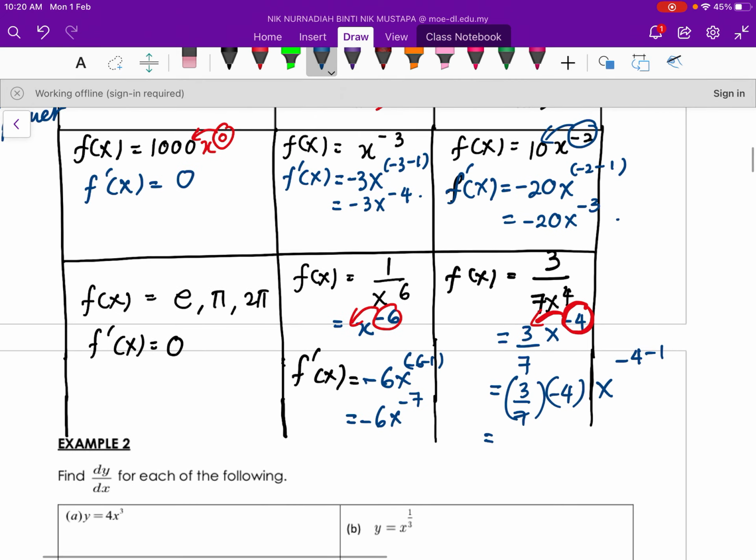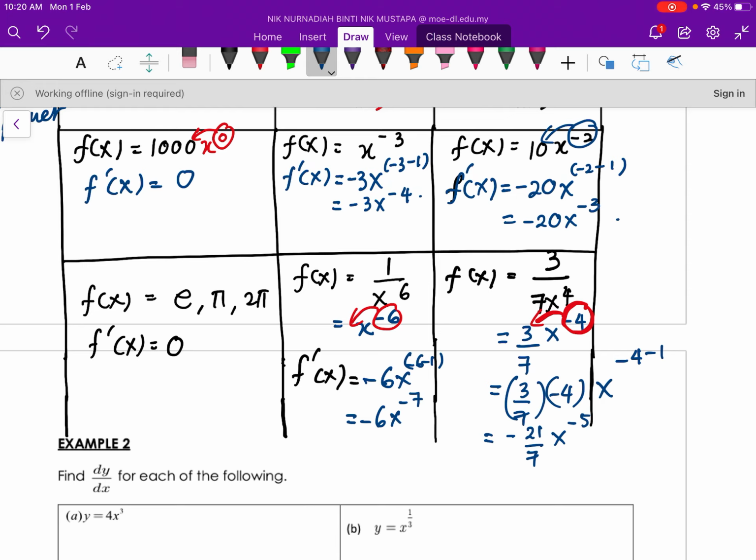So it will become negative, apa, 4 darab 3 berapa? -21/7 x to the power of -5.